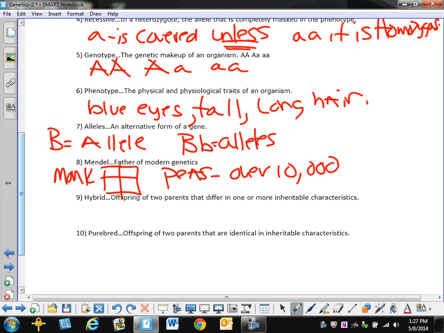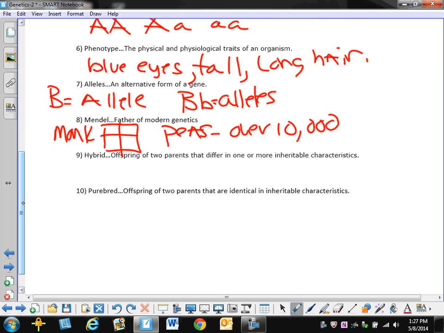Okay? Hybrid, offspring, big H, little h. Have you ever heard of a hybrid car? What's a hybrid car? What's it do? What's unique about it? Hybrid, come on, Kev, you're a mechanic. What's different about a hybrid? What can it run on? Okay, some think it means it runs on gas and electricity.